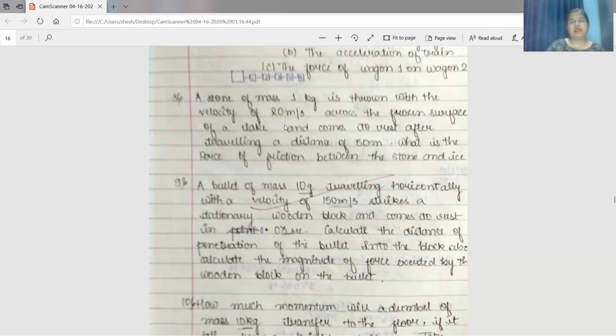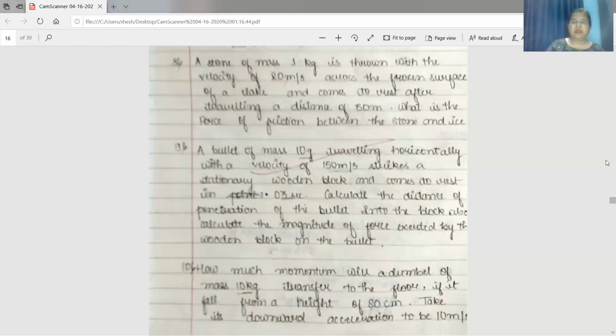You have thrown a stone with a velocity of 20 meter per second, and finally the stone comes to rest, means final velocity v will be 0, after traveling a distance of 50 meter. Here s is 50 meter. What is the force of friction between the stone and the ice? You are asked to find the force of friction between stone and ice.